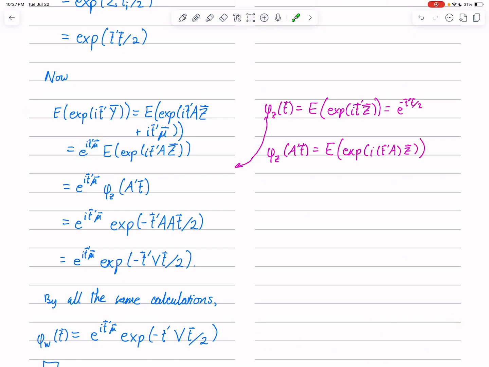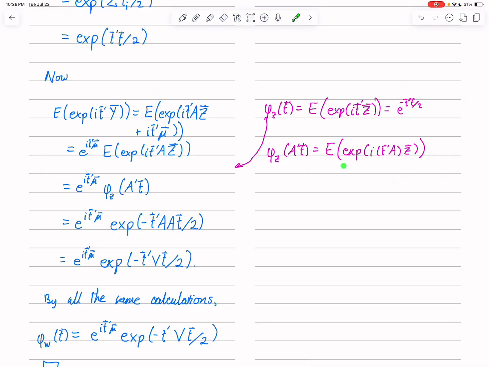Now, one thing to notice here is that this right here is pretty closely related to a characteristic function that is relevant just to Z. If we think about taking that characteristic function for Z, then by definition, imagine taking A transpose t and evaluating it there.